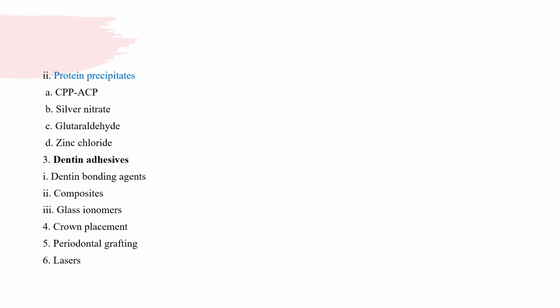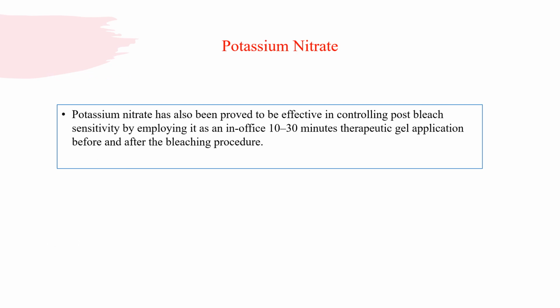By the mechanism of protein precipitates, the pastes used are CPP-ACP, silver nitrate, glutaraldehyde, zinc chloride. And by the method of dentin adhesives, they are dentin bonding agents, composites, glass ionomers. In certain severe cases, crowns can be placed, and also in gingival recession cases, periodontal grafting can be done. And to occlude the dentinal tubules, in certain cases, lasers can also be used.